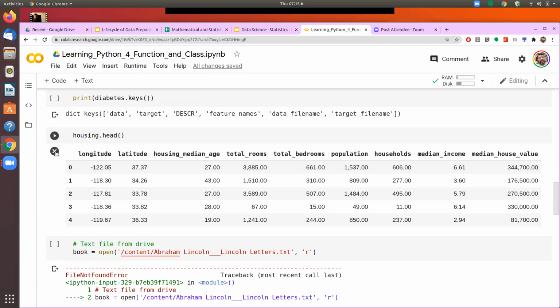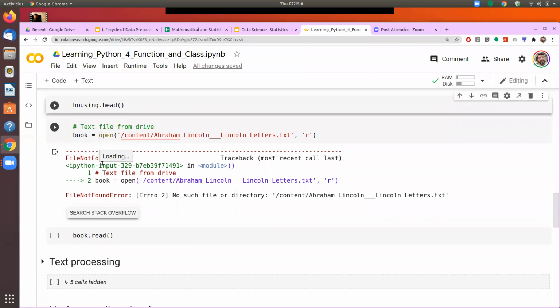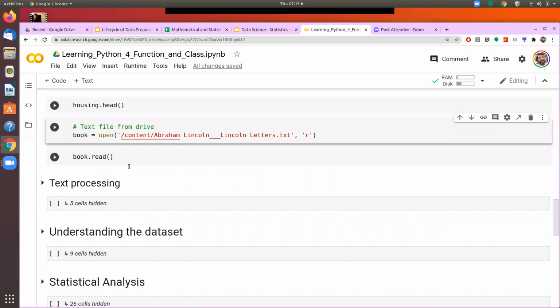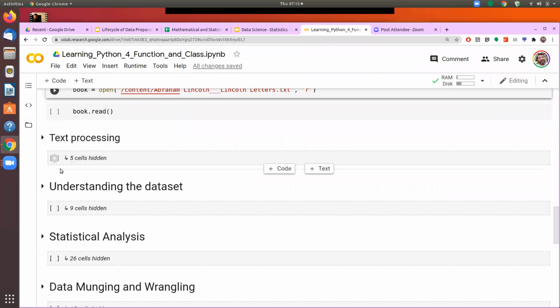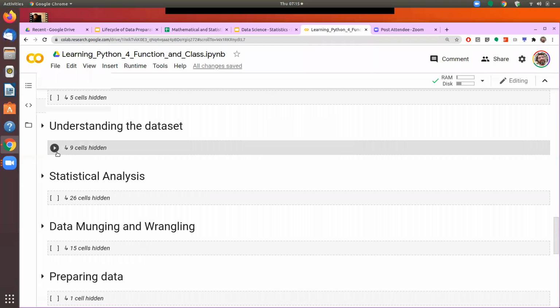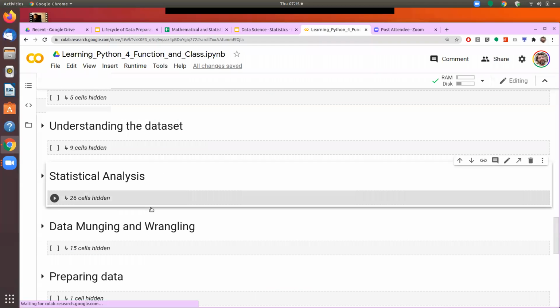So I will not go through these descriptive things that we had done earlier. Text processing data one. We come to the statistical analysis.